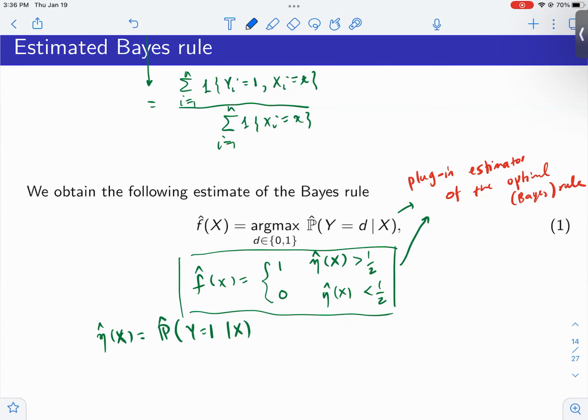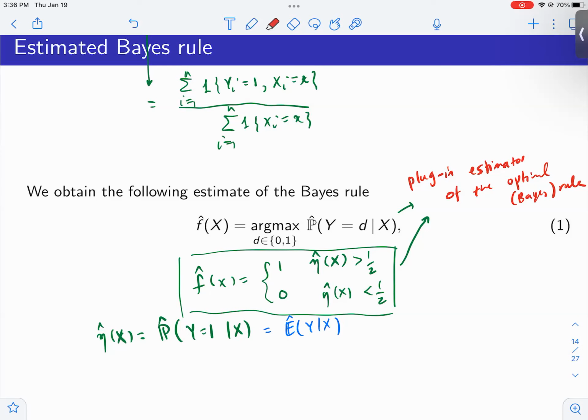And then we saw that this can be written like this. This is the same rule expressed in terms of the so-called regression function, which is the estimated probability of y being equal to 1, which turns out to also be the empirical expectation of y given x. And so we thresholded at 1/2.